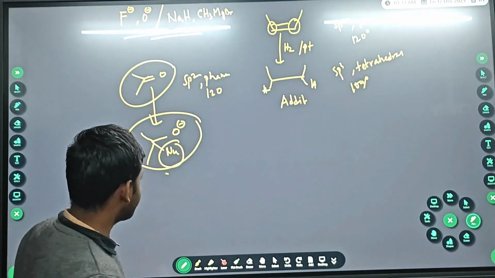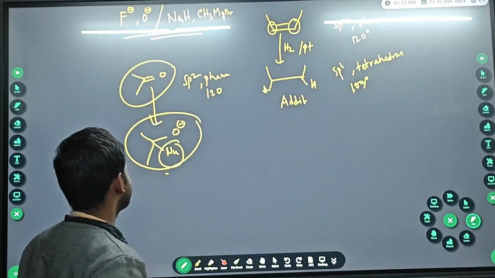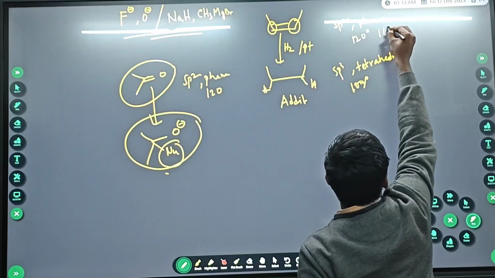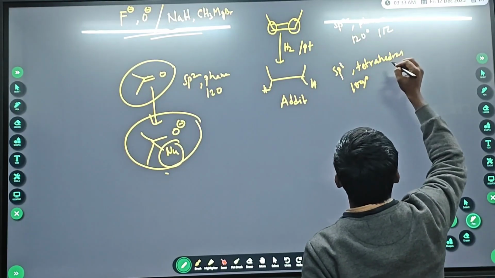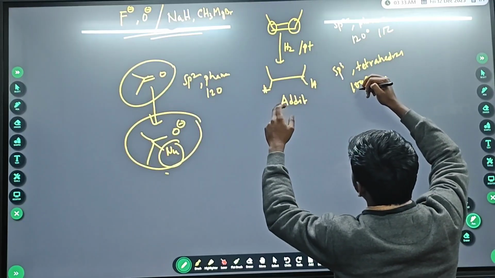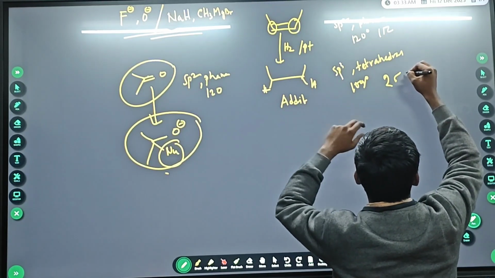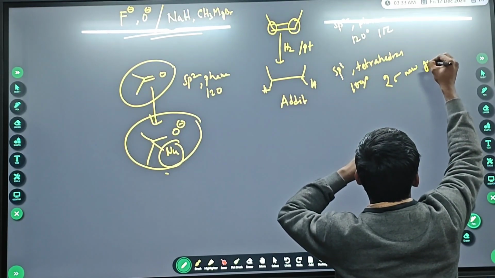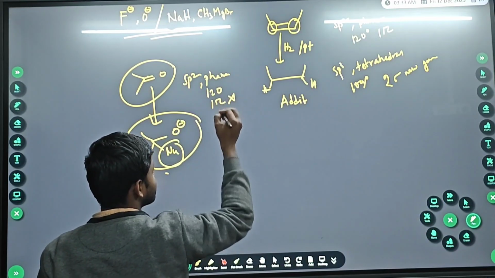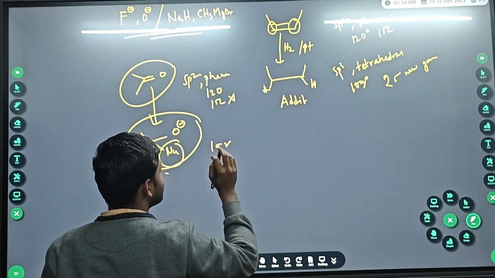So first of all, we have to consider what happens. One thing you have to understand, there is one pi bond and there is one sigma bond. So in the first case, two sigma bonds are newly generated. In the other case, let's say one pi bond vanishes and one sigma bond is newly generated.